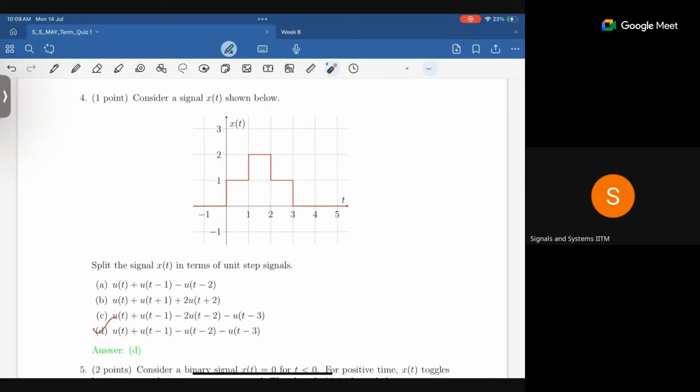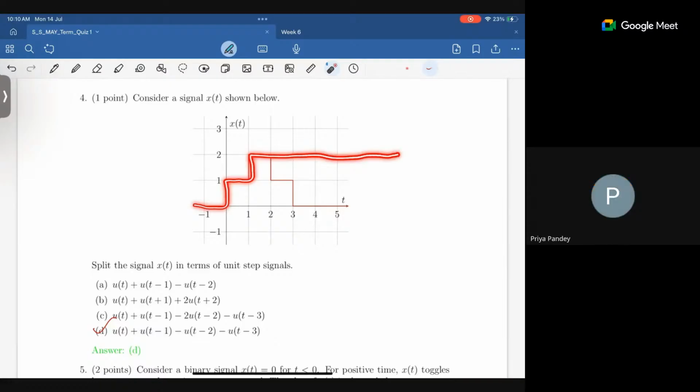Because you know u of t already has an amplitude of 1. And then from 1 to 2, you want the amplitude to be 2. So I have to add u of t minus 1, which will give me one more unit. And if I take these two signals alone, then the plot would have been like this.